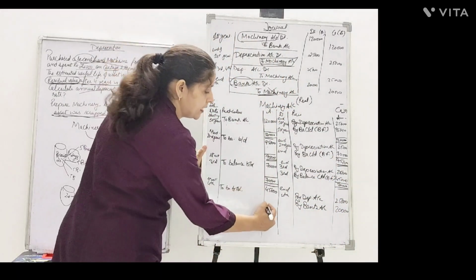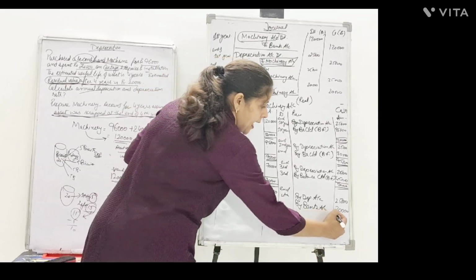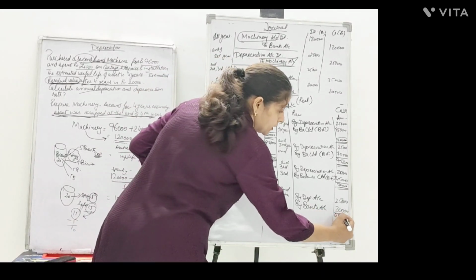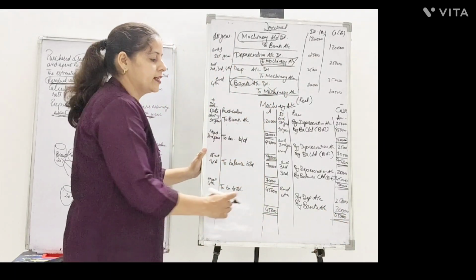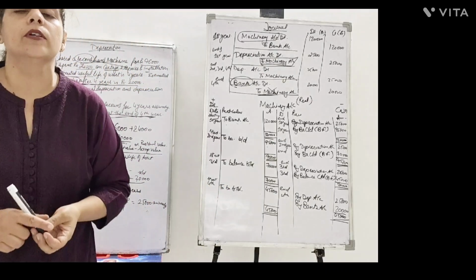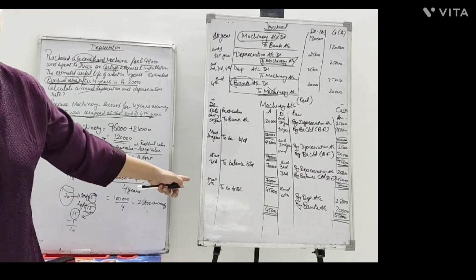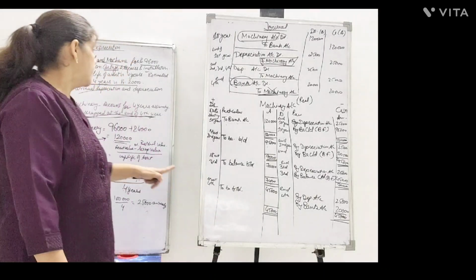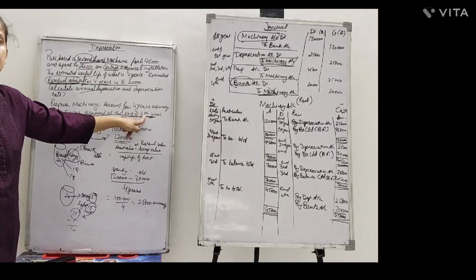So, now see, 45,000 total is here and 45,000 total is here, and nothing is left, nothing is the balance carried down, nothing is the balance brought down. So here the machinery account is closed with a nil balance because he scrapped the machinery at the end of the fourth year. So nothing was left in the machinery account.